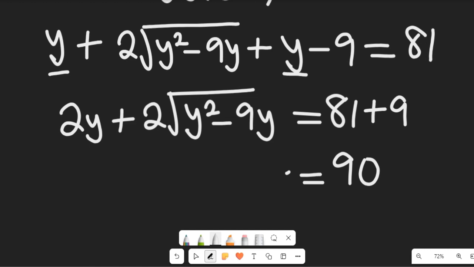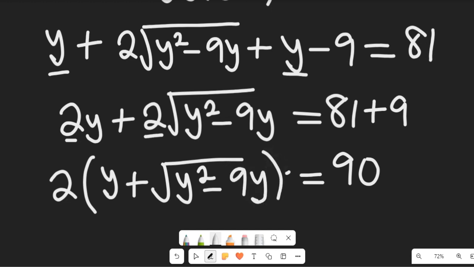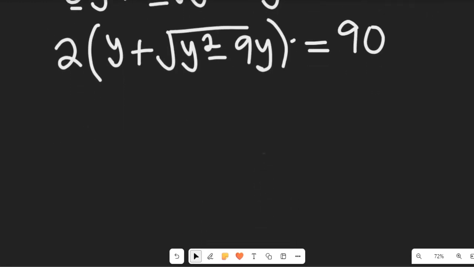Good. So we're going to have that to become that. So let's simplify this other side. From this other side, you see that we have 2 here and 2. So we'll bring out 1, 2 in order to simplify that expression, and that will give us y plus the square root of y squared minus 9y, and that will be equal to 90.